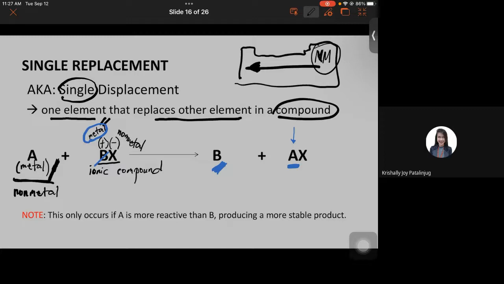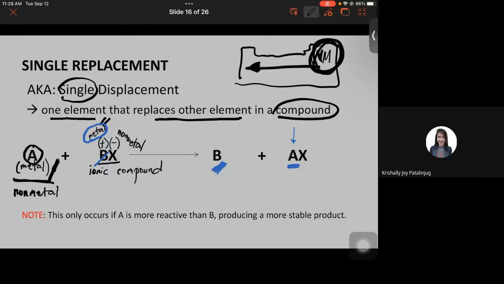So those include oxygen, nitrogen, phosphorus, sulfur, chlorine, bromine, iodine, any elements found here, upper right portion. So possible na in a single replacement, this single element could be a non-metal.